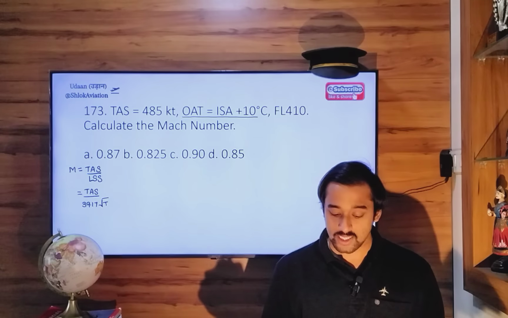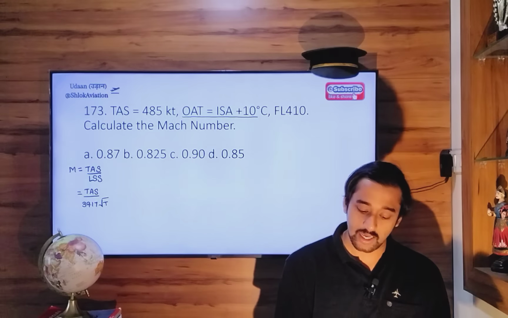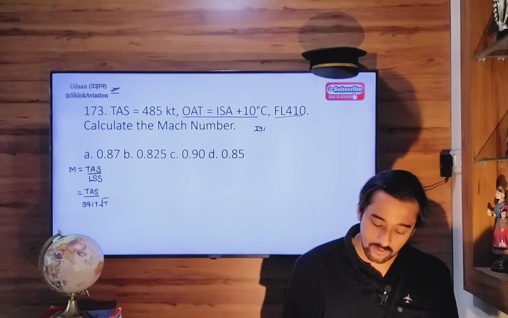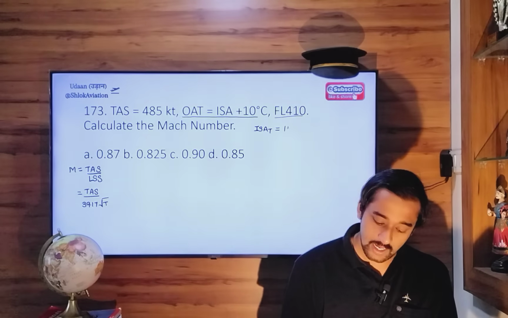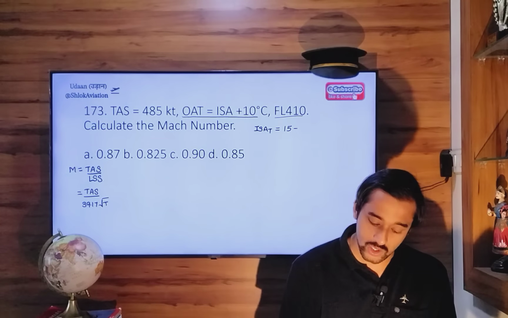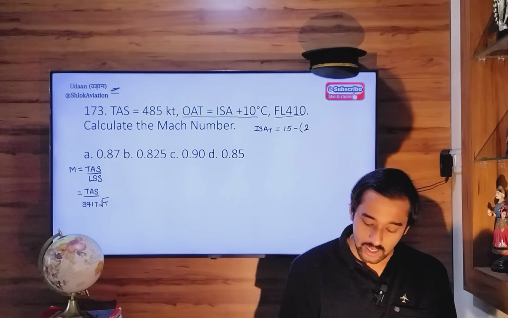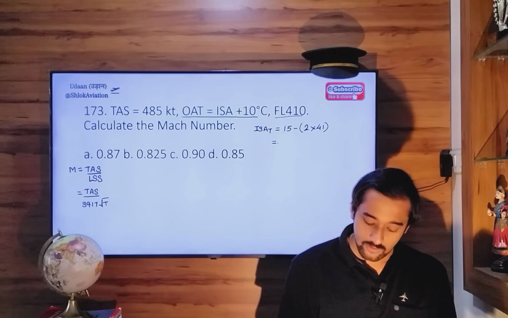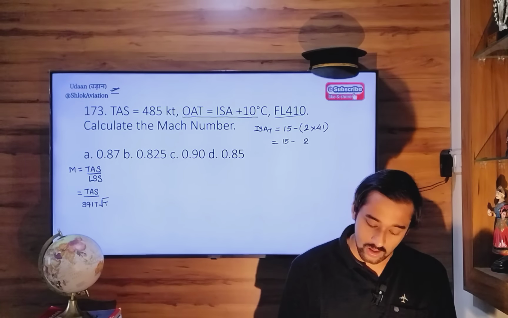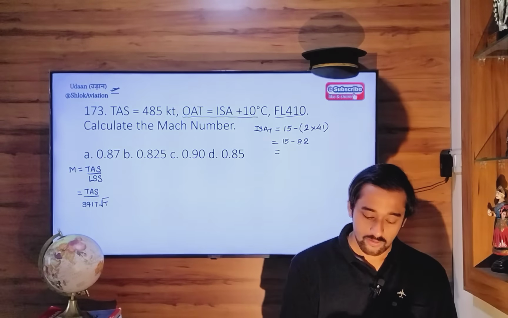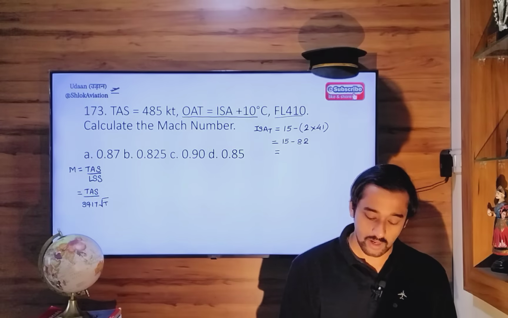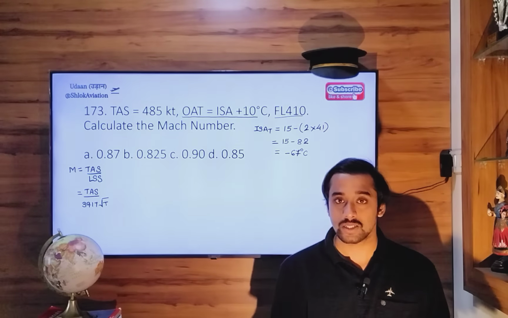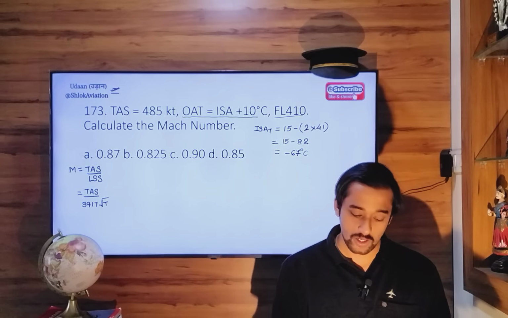So first calculate ISA temperature at the given altitude, 41,000 feet. ISA temperature equals 15 degrees Celsius at mean sea level minus 2, which is your lapse rate, into 41. 15 minus 82 is minus 67. So ISA temperature is minus 67 degrees Celsius at 41,000 feet.